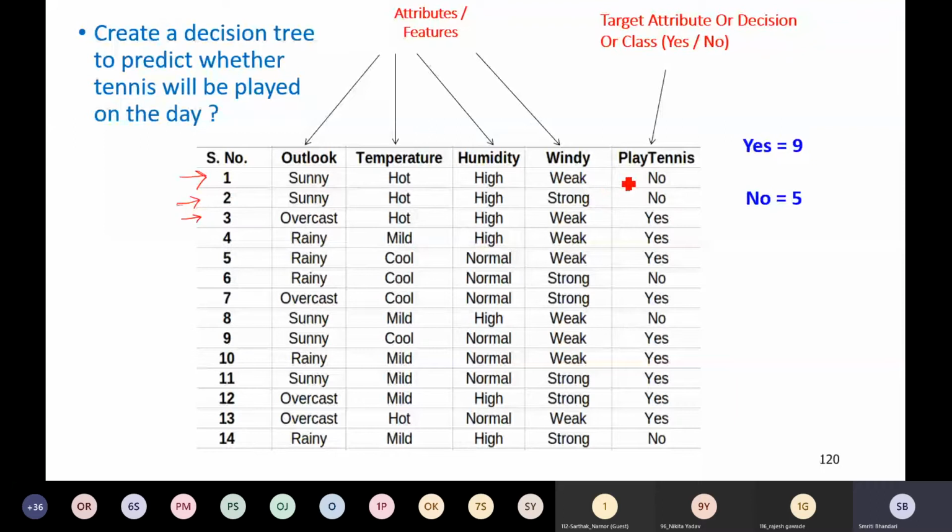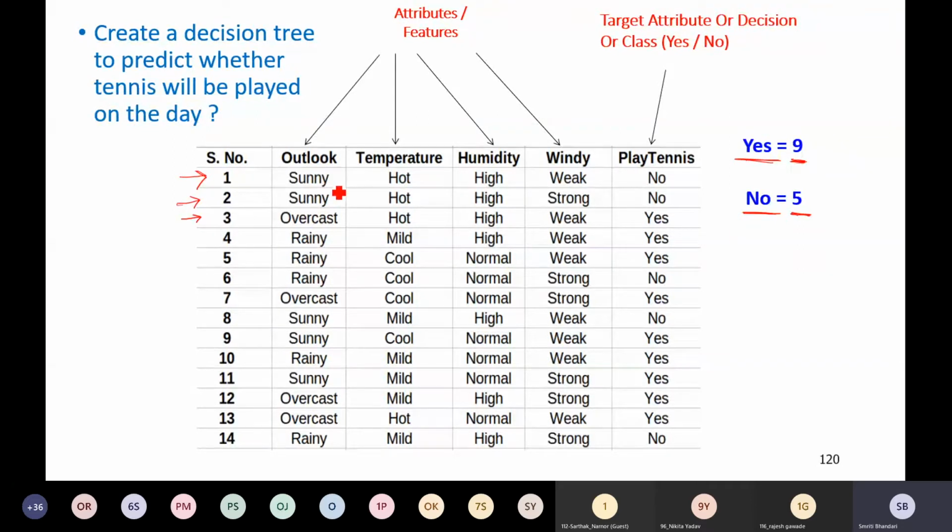If this is the weather condition, then we are not going to play tennis, so the label is no. Similarly, we have 14 such examples in our data set. In this data set we have 9 samples with class label yes and 5 samples with class label no, right?